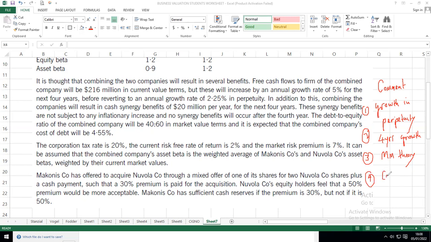The capital structure that we have used. These assumptions are serious assumptions. And if these do not materialize, then we are saying that our answer may not be correct. Is that okay, people?